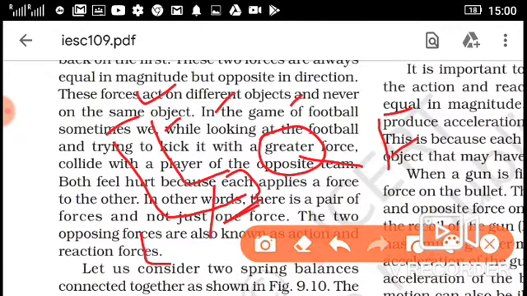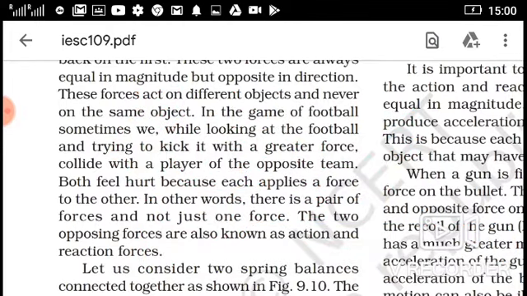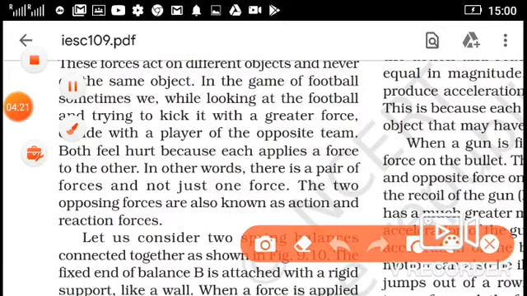So we need two objects, and these forces we call action and reaction. Any force you can take as action and reaction. So these forces act on different objects and never on the same object. That is a very important point.